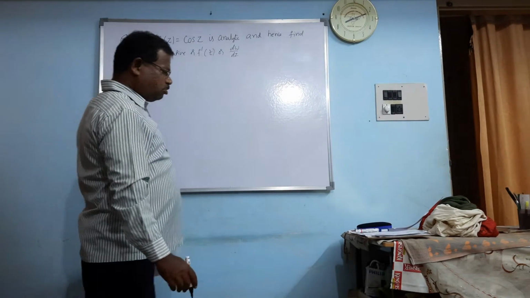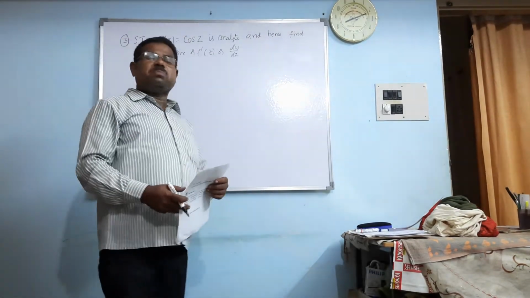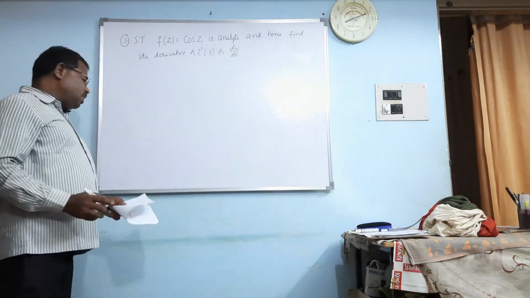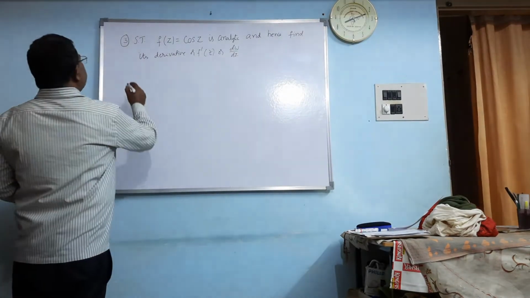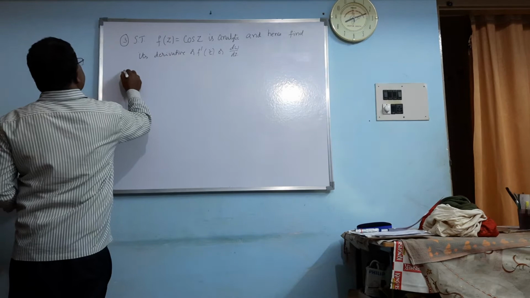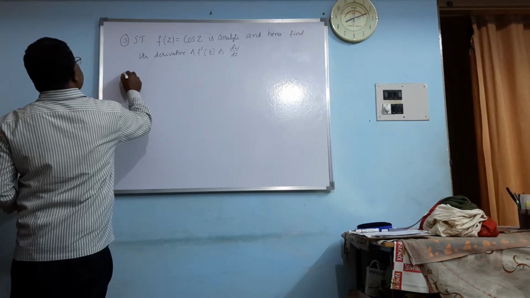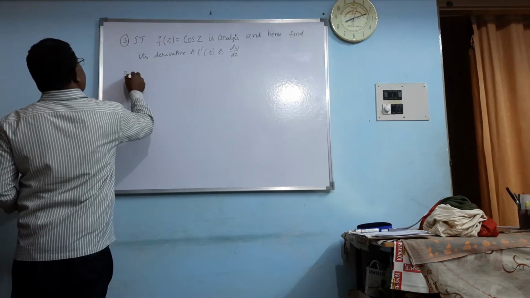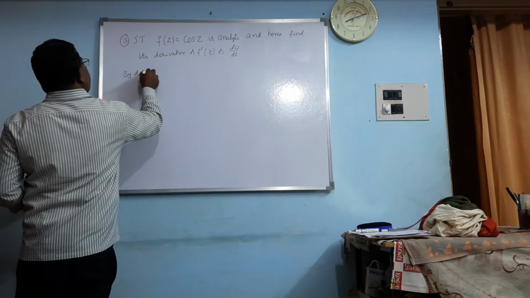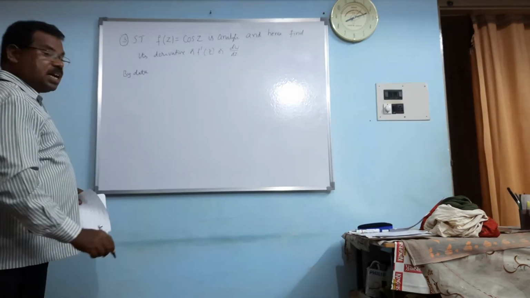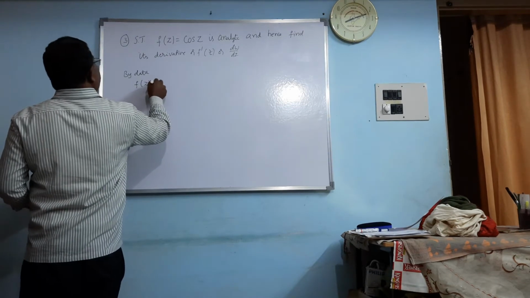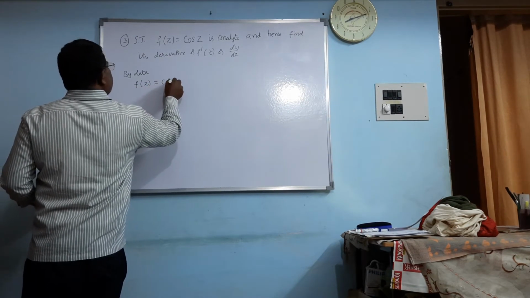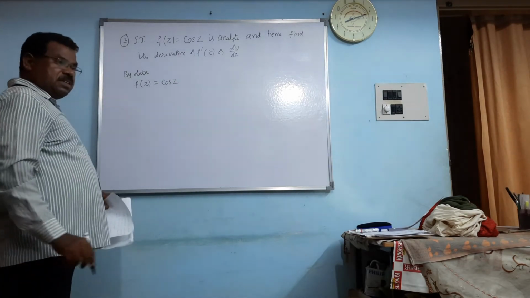Here also follow the same procedure. When we solve this problem, follow the similar previous method. Given f of z equals cos z.